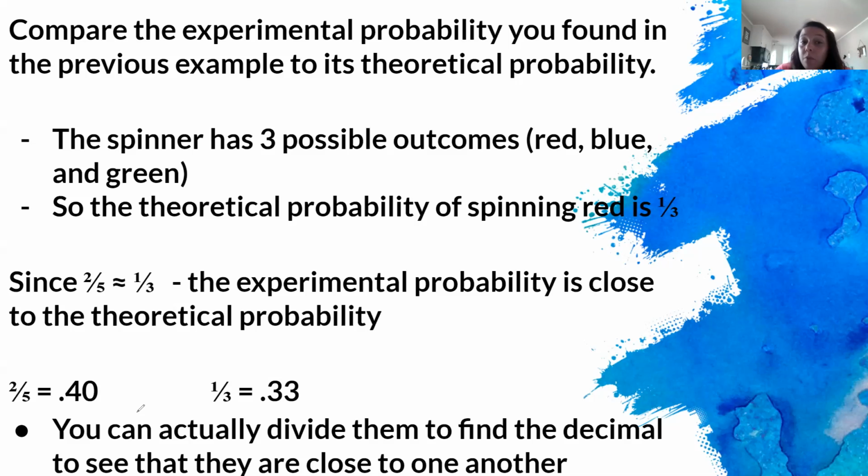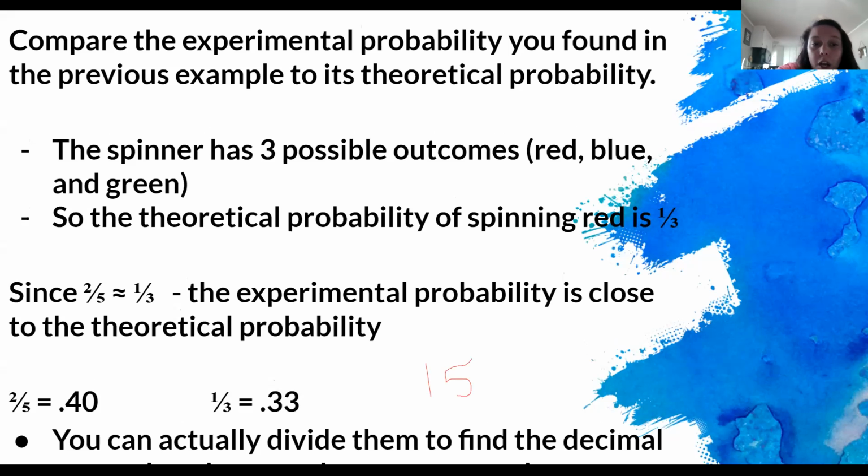You could also make your fractions have a common denominator if you want to compare them a little bit better. So on this, I know that 2/5 and 1/3 could have a common denominator of 15. If I take 2/5 and change it to a denominator of 15, I was multiplying 5 times 3 to get there. So on the top, I would do that as well. So 2/5 would be the same as 6/15.